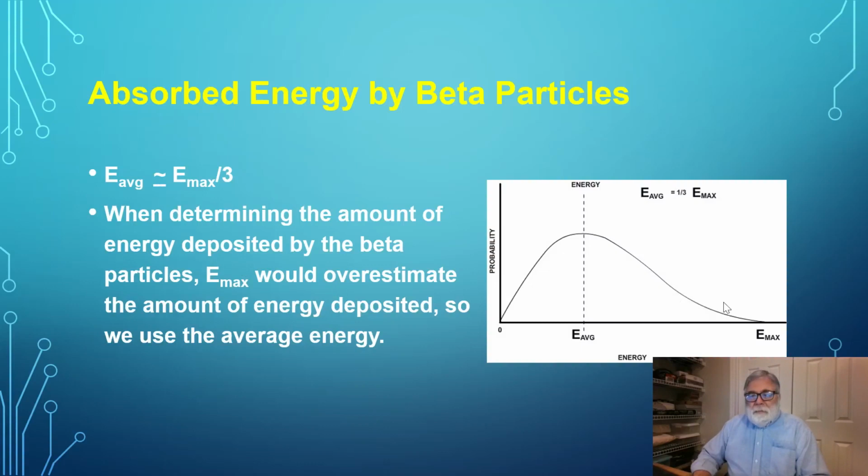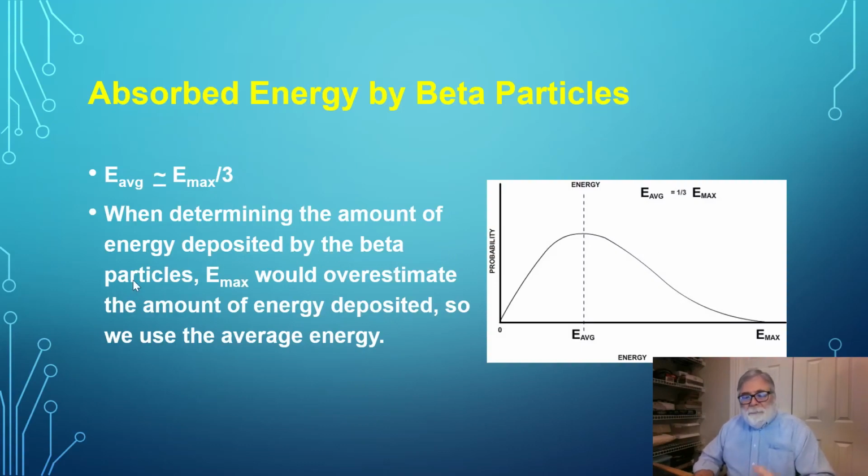If we calculate how many beta particles are emitted and how much energy they carry, and assume all that's deposited close by in water or tissue or whatever material, then we would use E average, because we're averaging out all the beta particles. If we used Emax and assumed every beta particle carried the maximum energy, we would overestimate how much energy is deposited. So I think you're going to have a homework problem related to this concept.